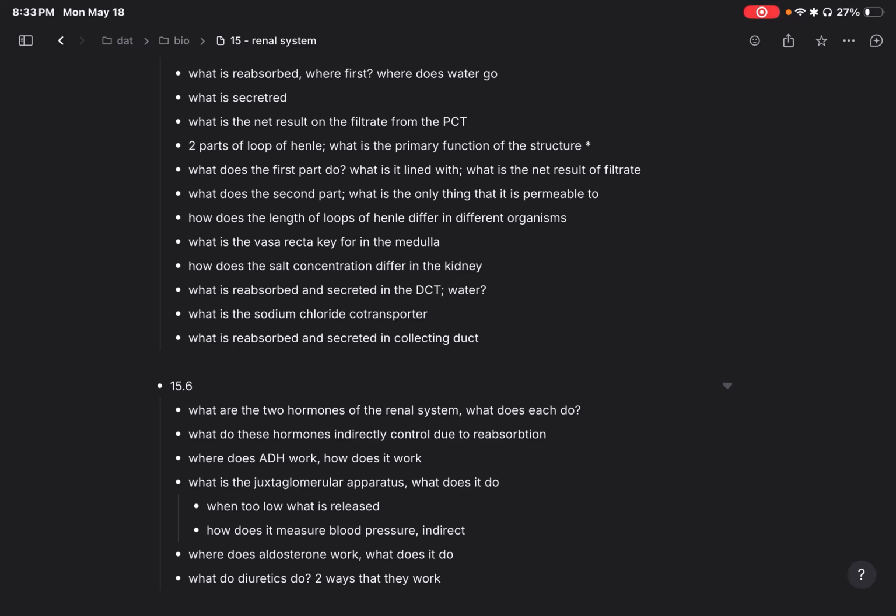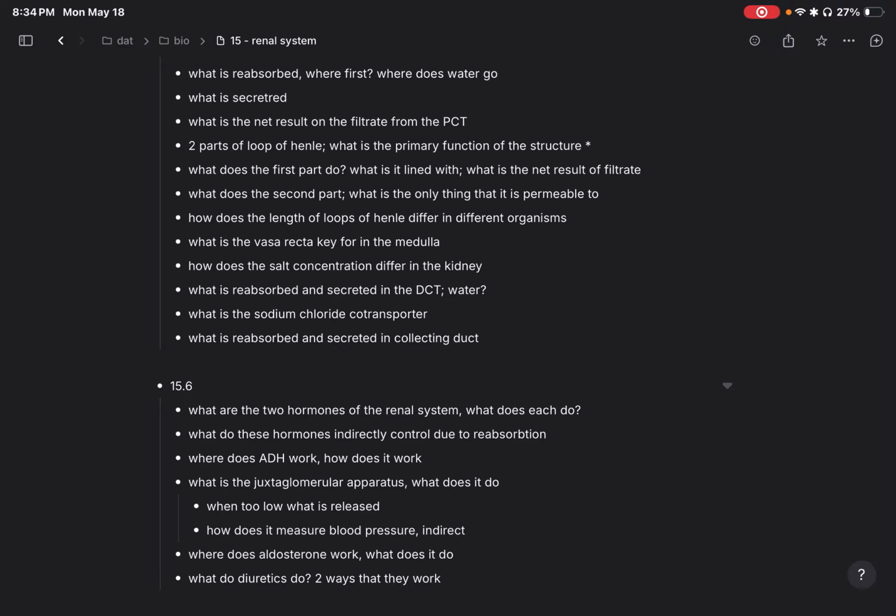What is the second part? That's the ascending loop of Henle. What is it permeable to? It's Na and Cl, like salts, and the Na+ and Cl- will be taken out, and that contributes to the salty concentration in the renal medulla.